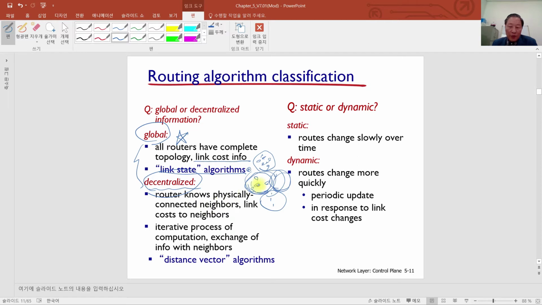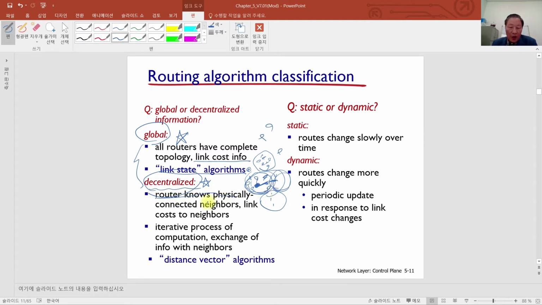If it is trying to find a good path to some destination, it calculates using information from the neighbors instead of all nodes in the world. Thus, this one is more realistic, because the routers in the world are very huge.